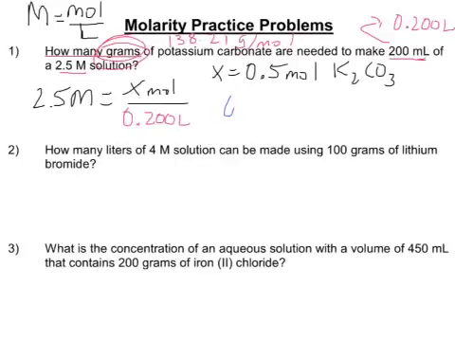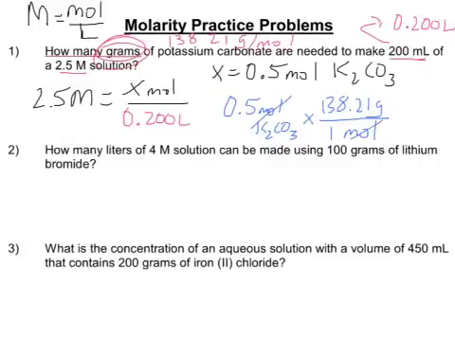So we take the 0.5 moles of K2CO3, and since we know that there are 138.21 grams for every 1 mole, the moles will cancel, and you'll just be left with grams.